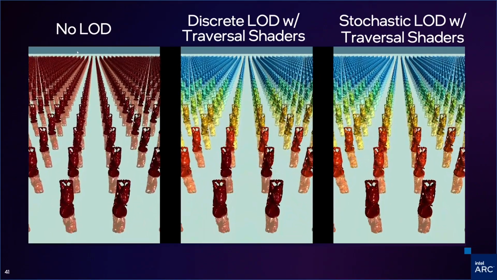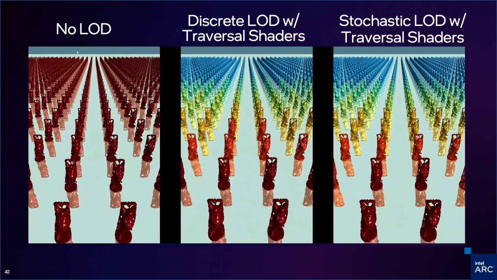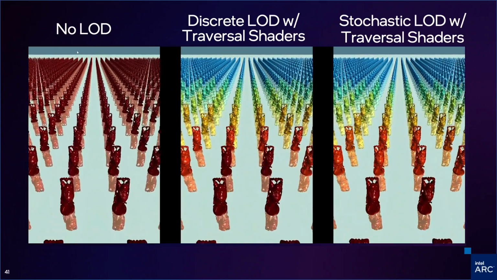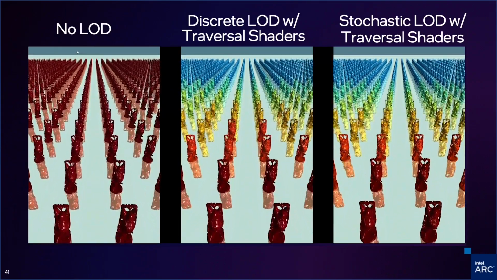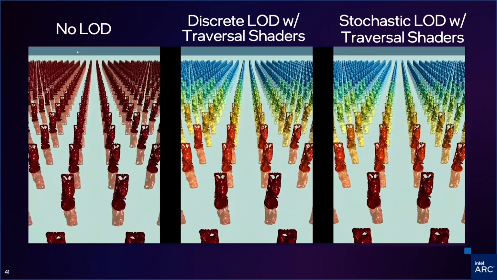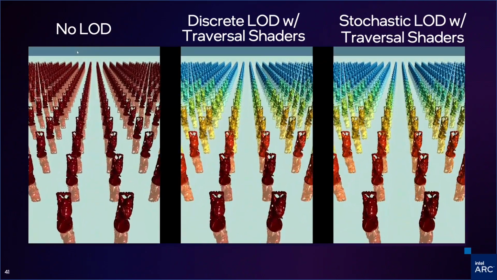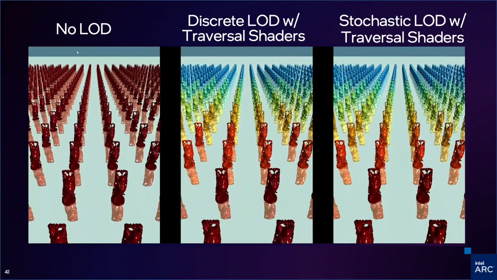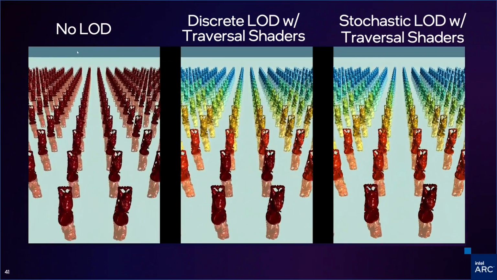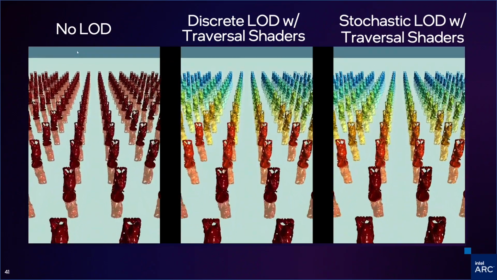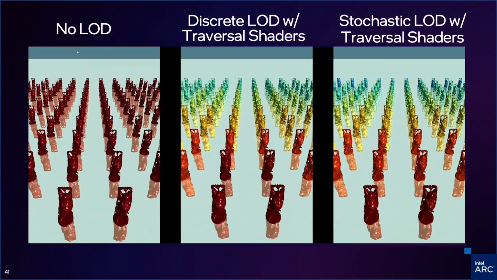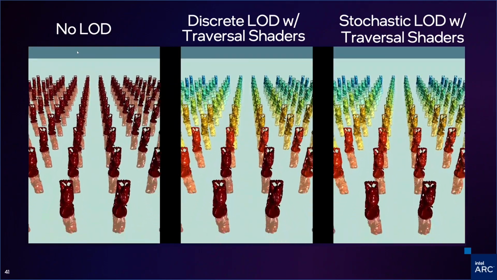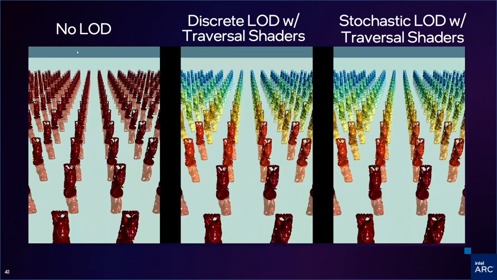And if you want to see what this looks like, comparing 3 different implementations: on the left-hand side, we've got a set of these Buddhas, and that's the maximum resolution. In other words, there's no LOD. In the middle, we have the discrete LOD, and on the right, we have the stochastic LOD. The one thing I want you to pay the most attention to is between the middle and the right, where you see that smooth transition of the stochastic LOD solution.